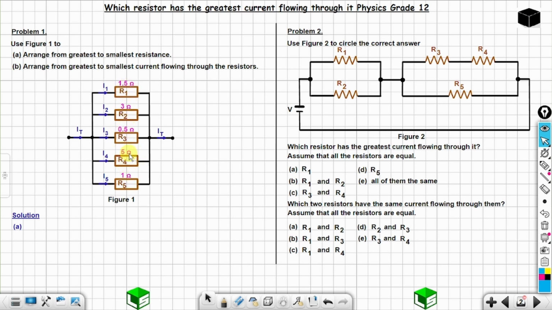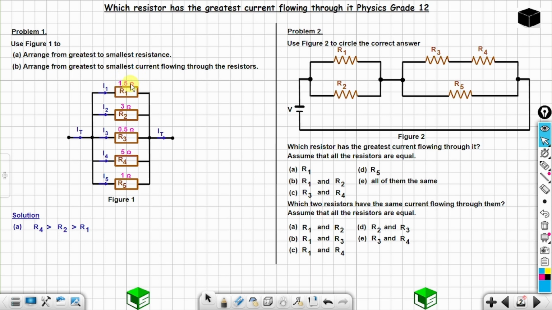So R4 is the greatest, greater than, after 5 ohms you have 3 ohms, R2, after 3 ohms you have 1.5 ohms, greater than R1. R1 is equal to 1.5 ohms.